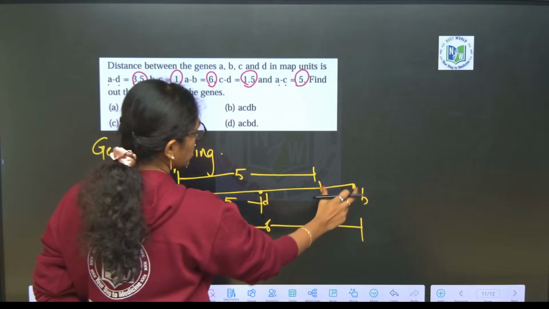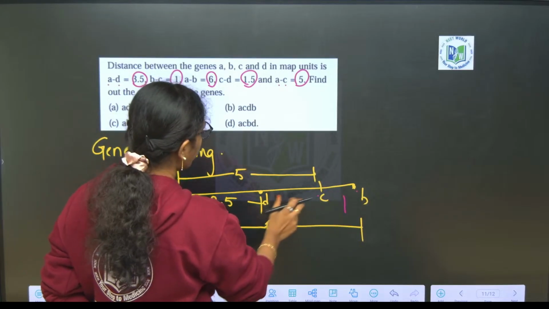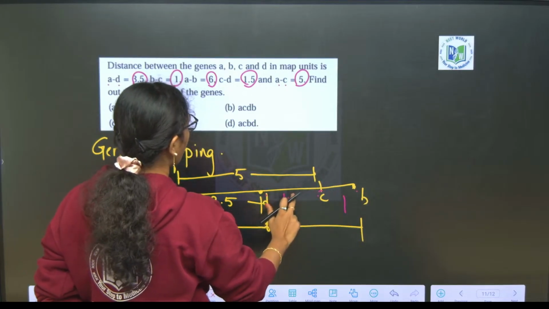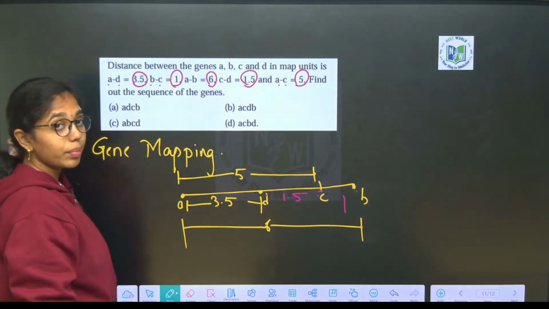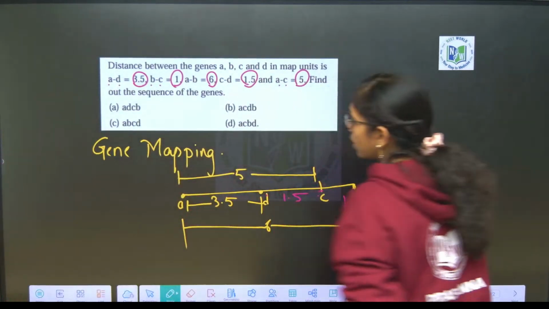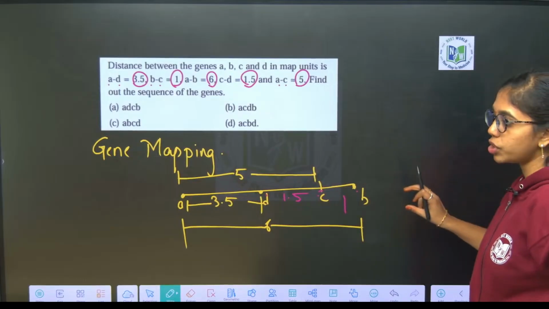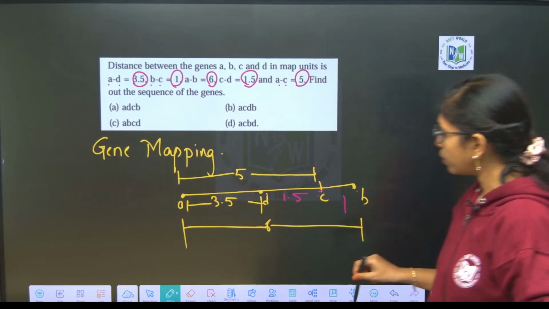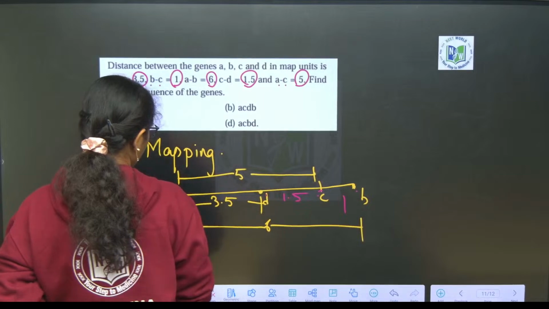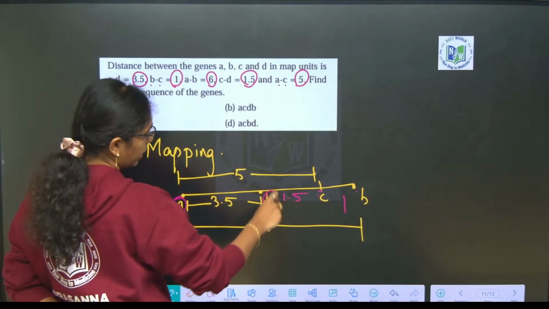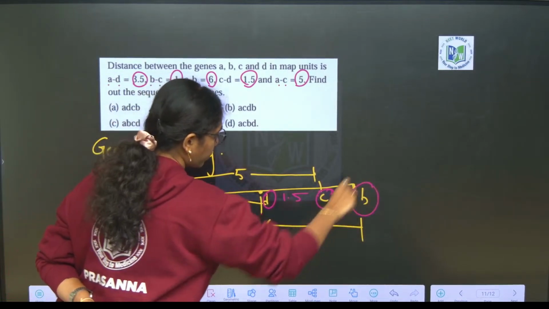BC will be 1 map unit and CD will be 1.5. So, here what will be the right answer? What will be the right sequence of the genes on this chromosome? First it will be A, followed by D, followed by C, followed by B.